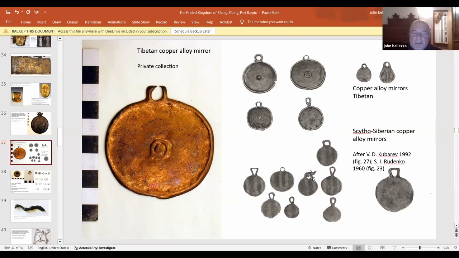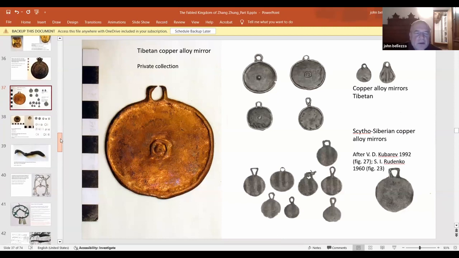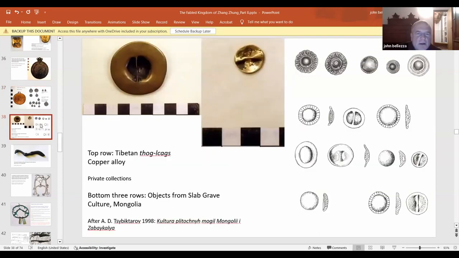But we see similar types of instruments being used for still unclear purposes in Tibet. But Tibet saw fit to either emulate or innovate ritual mirrors very close to those found in other parts of Inner Asia.